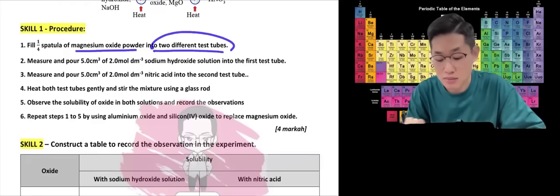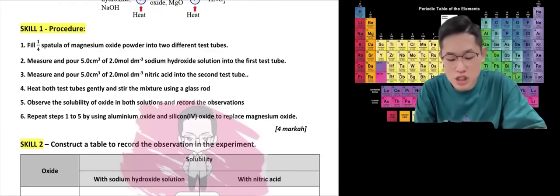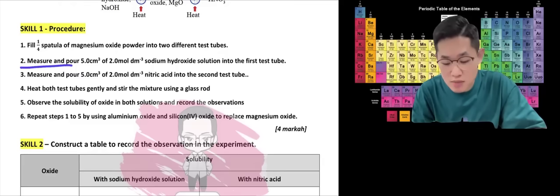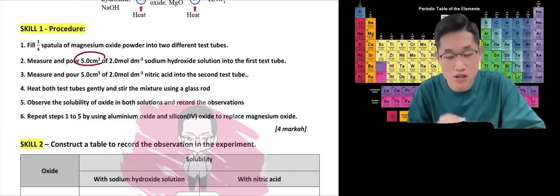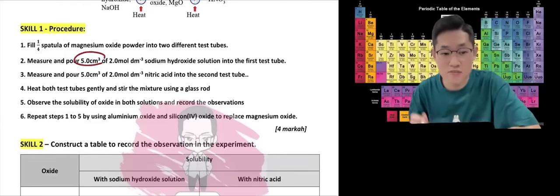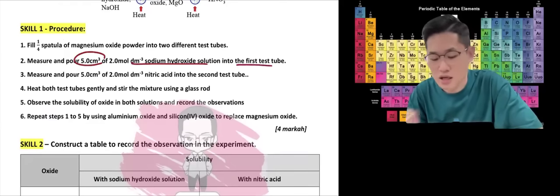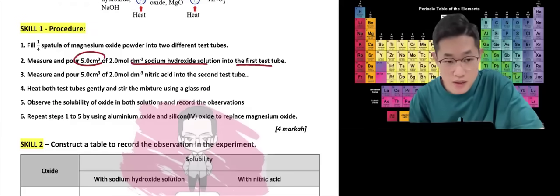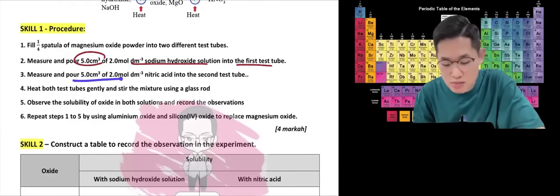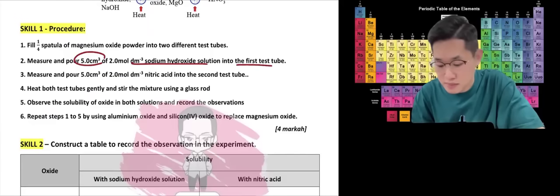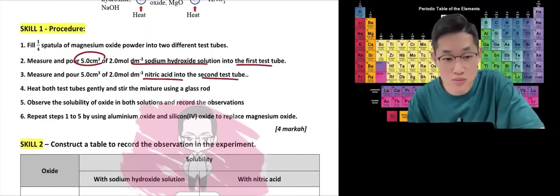Two test tubes. And then measure and pour 5 cm cube. And here, remember, guys, 5.0, remember to write the 0, 5.0 cm cube of the sodium hydroxide added into the test tube. And then you do the same thing for nitric acid, put it into the second test tube.